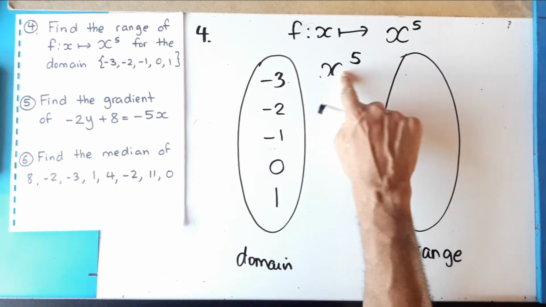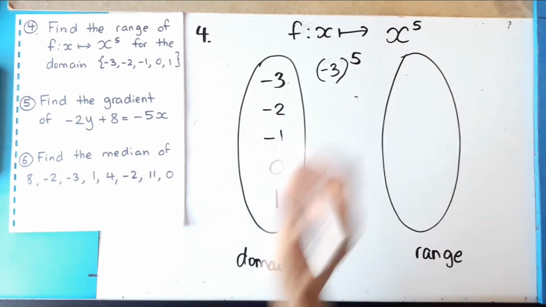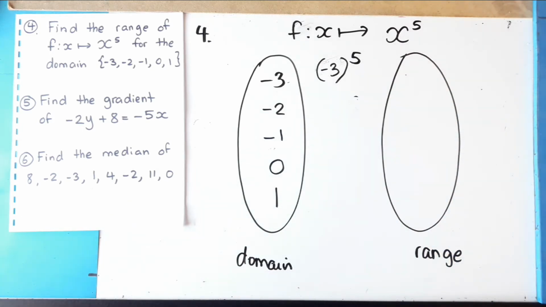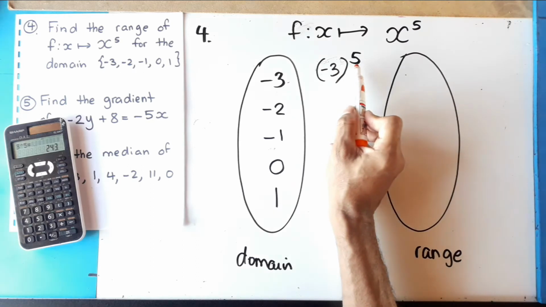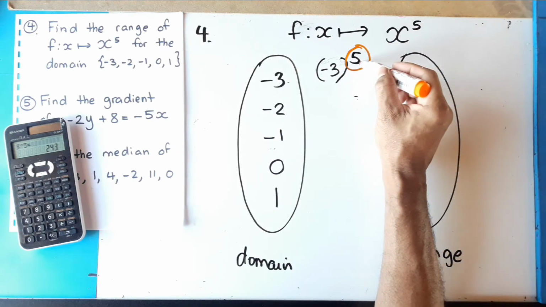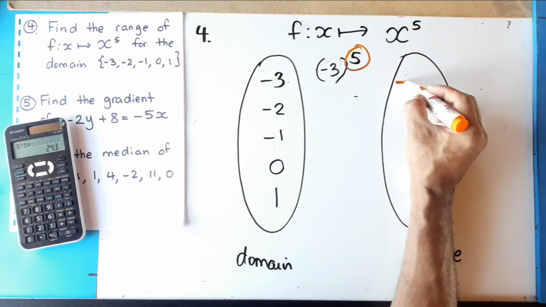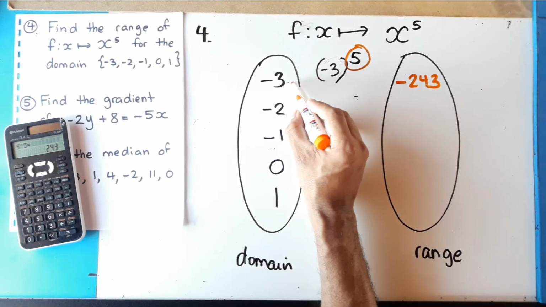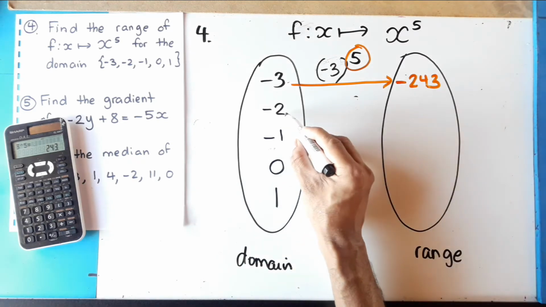So if I replace the x with -3, remember 3 to the power 5 is 243. But because the power is odd, because 5 is an odd number and here is a negative, you will get -243. So -3 gives us -243.